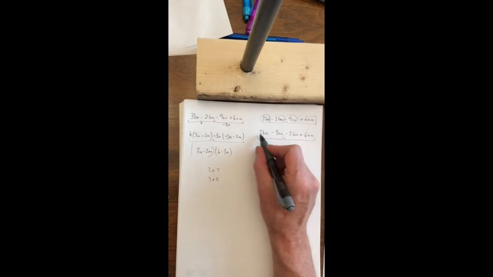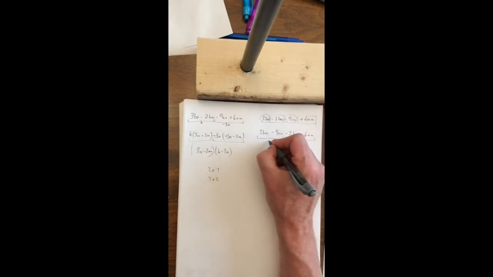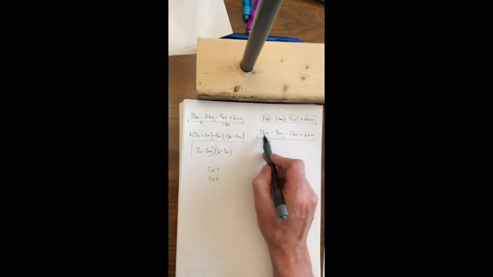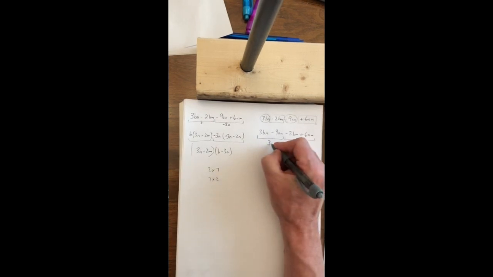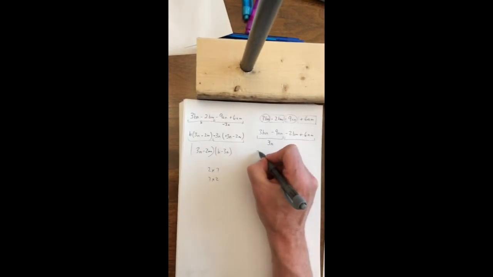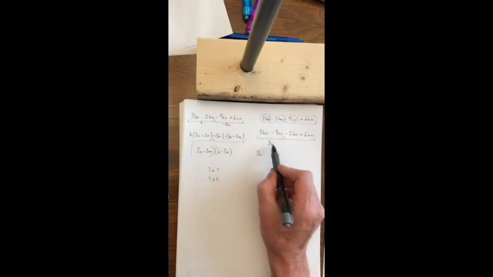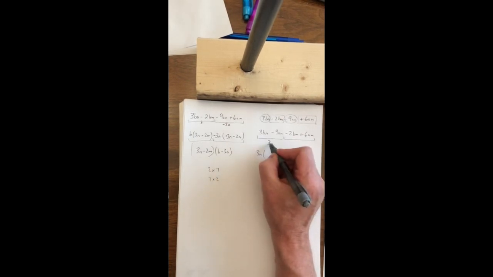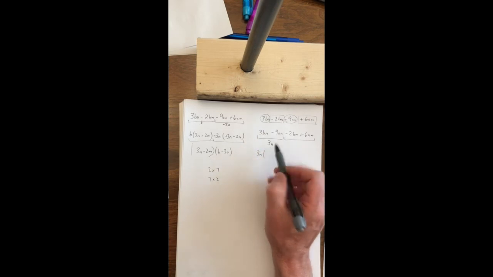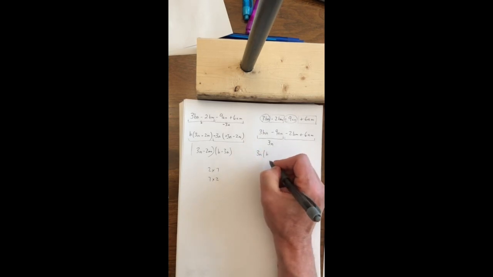Here, between 3 and negative 9, we have a 3. And between bn and an, n is in common. So, dividing this by this, 3 divided by 3 is 1. bn divided by n, we're left with a b.